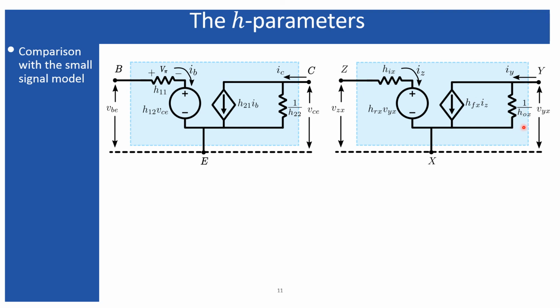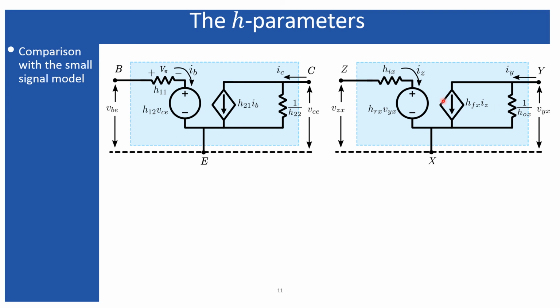Similarly, the output admittance is H22, since it is associated with the output. H naught represents the output admittance, and it is associated with the common X terminal. So H naught X will be there, and H naught X is the output admittance, and 1 by H naught X is the output impedance in this case. And the output voltage, as you can see from here, is VC. Obviously it will be VYX if you compare both of them.